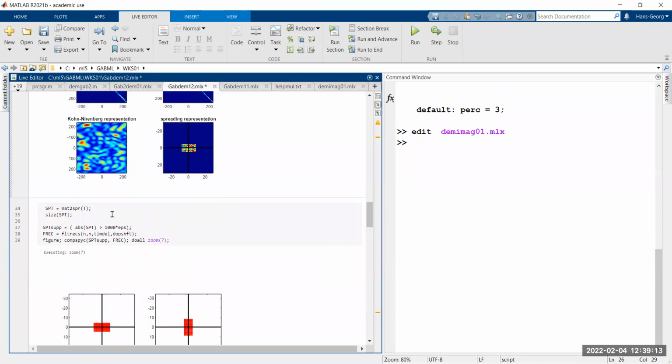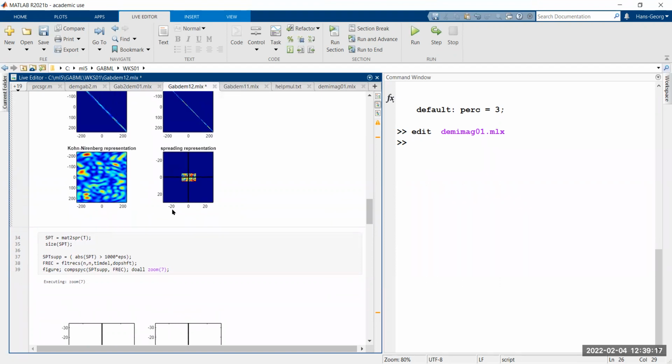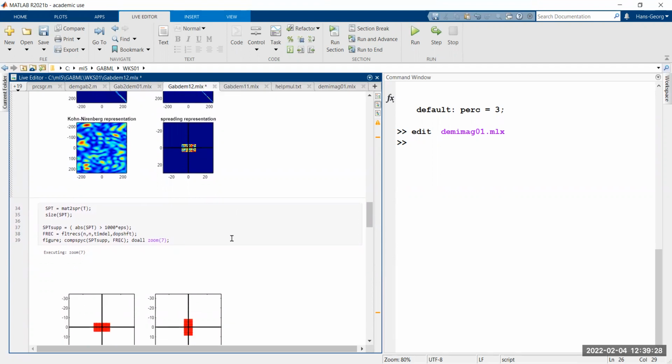Now, I was trying to test and say, well, can I prove that if I do a filtering in the spreading domain of the given operator T, that it's not changing? So it's like you're saying I have a band-limited function with maximal frequency 12, and if I multiply with a constant 1 rectangular filter from -12 to +12 with 25 non-zero values equal to 1, everything would be fine.